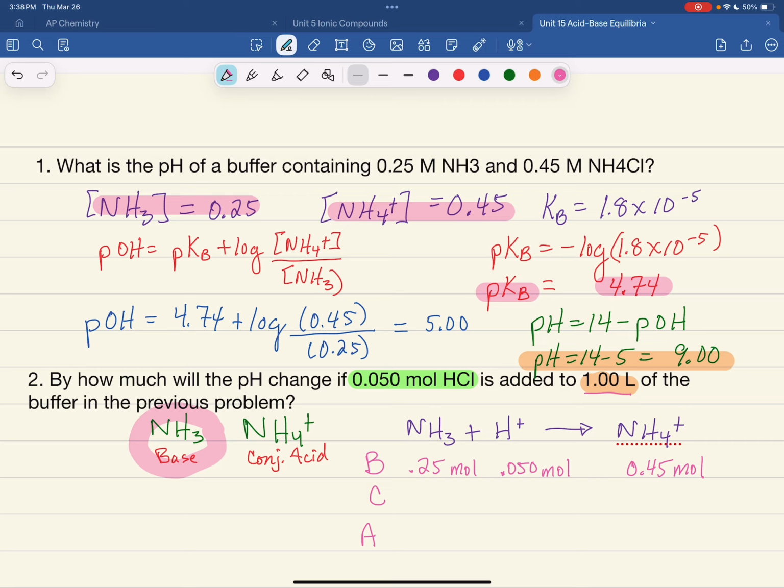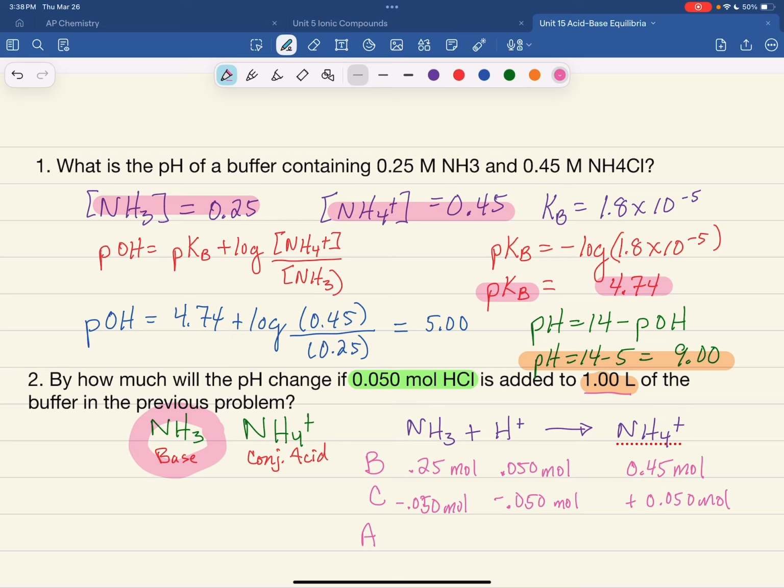Now, this is a one-way reaction. So the NH3 is going to react with the H+. And H+ is my limiting reactant. So it can only react, and it's all 1-to-1 moles. So it's going to go down by 0.050 moles and then stop. Everything is going to react in that quantity because it's a 1-to-1 mole ratio. So my NH3 is going to go down by that amount, and my NH4+ is going to go up by that same amount.